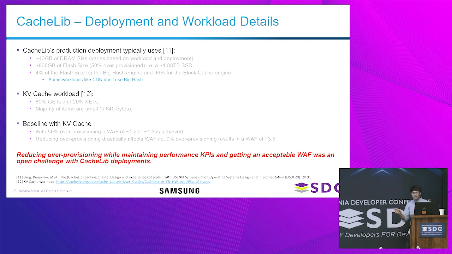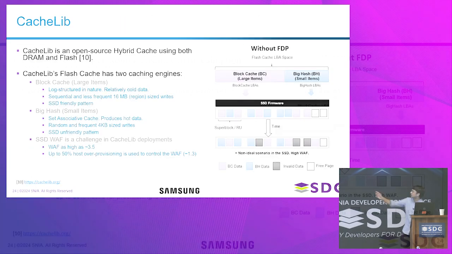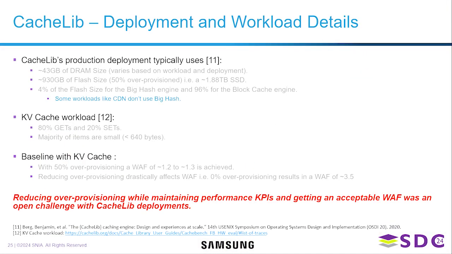And in the flash cache, typically your block cache, the sequential write, will be 96% of the LBA space, and only 4% is random writes, right? And even then you see that when you use the entire SSD, just 4% of random writes was enough to cause a WAF of 3.5, which is pretty drastic.